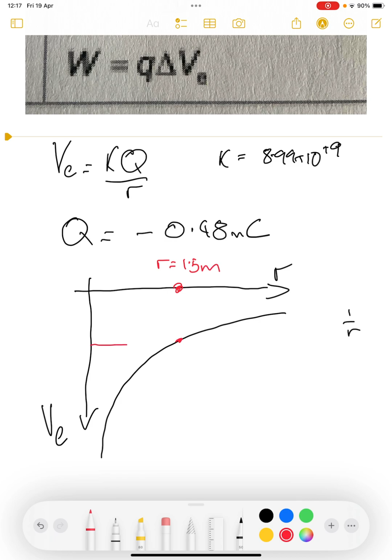That's going to give me a result for V_E, which is the potential, at 1.5 meters. It's going to be a negative number, but that shouldn't be a surprise because r doesn't have a sign, but Q does. So that negative sign is going to be carried through our calculation, and we get a negative potential.